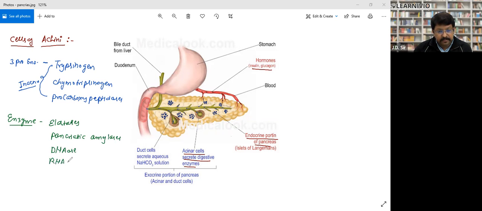RNAses, which digest RNA. Pancreatic lipase, which digests fat. So these are the actual enzymes secreted by the cells of acini, or the pancreatic part. Clear? Please note it down. Take the screenshot, then we'll go ahead. You have to tell me after noting it down.